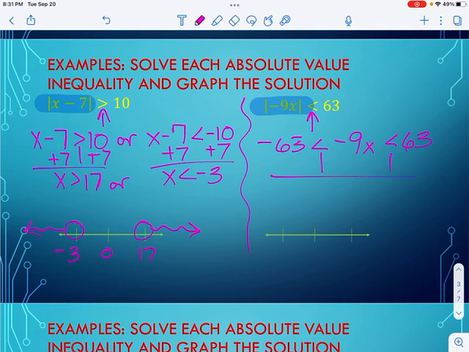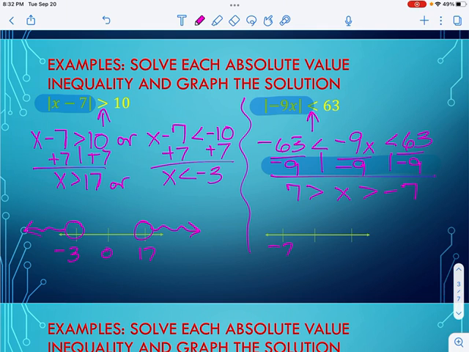Now I'm going to come down and divide by negative 9 on each of these, and I get 7. Remember, when we divide everything by a negative number, that flips the inequality symbols. So 7 is greater than x, which is greater than negative 7.